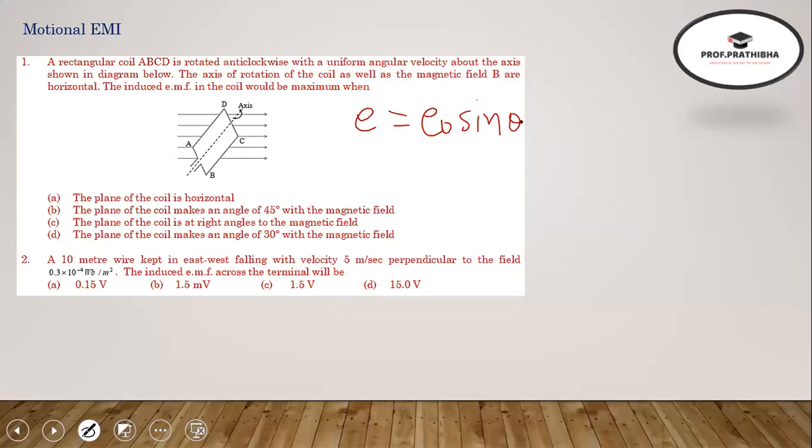Yes or no? So is this correct? It is same like one of the diagrams I had shown. E is equal to E naught sin omega theta. So E जब maximum हो रहा है, कब होना चाहिए? कब होगा ये? Which option?